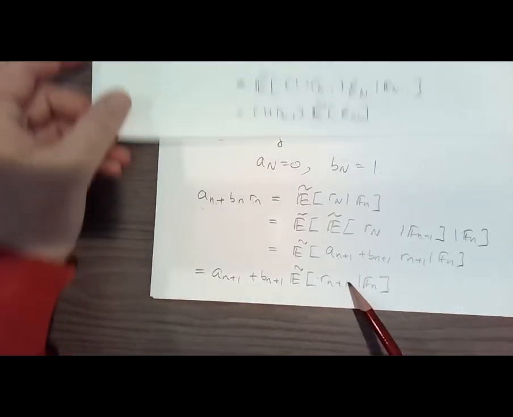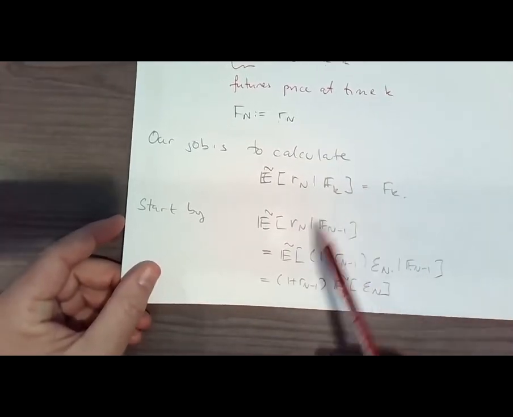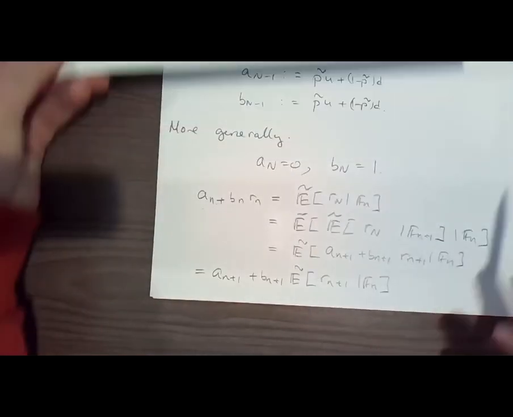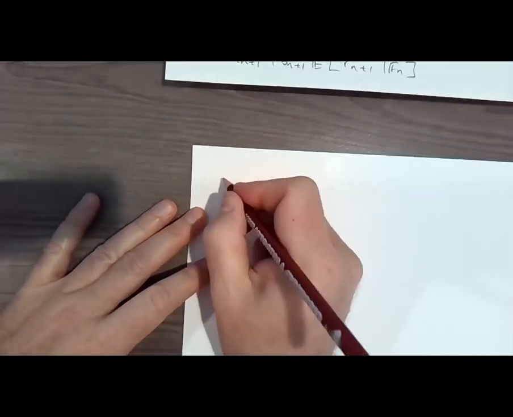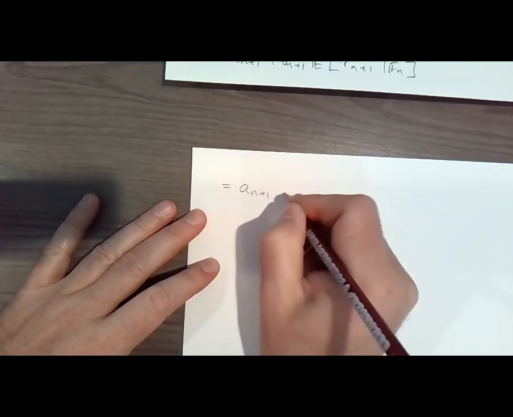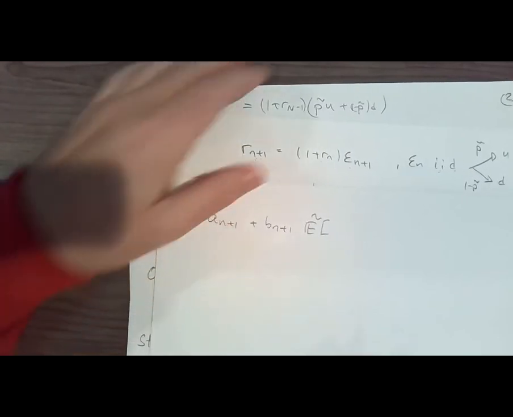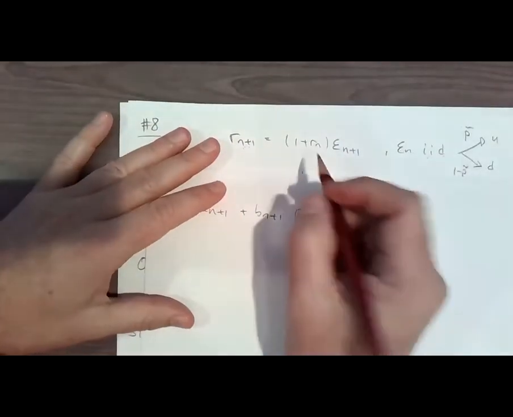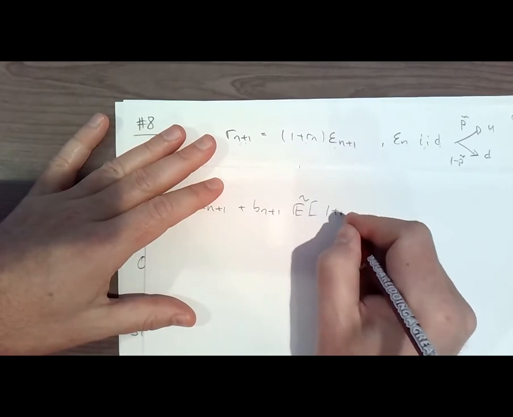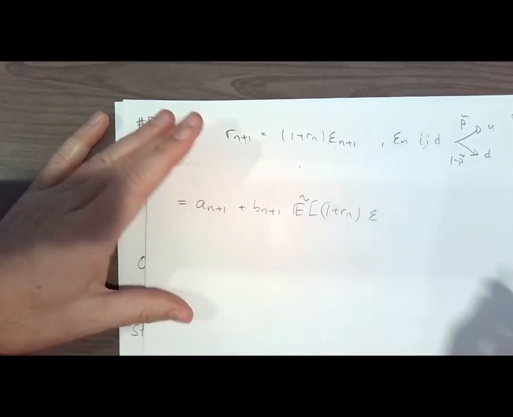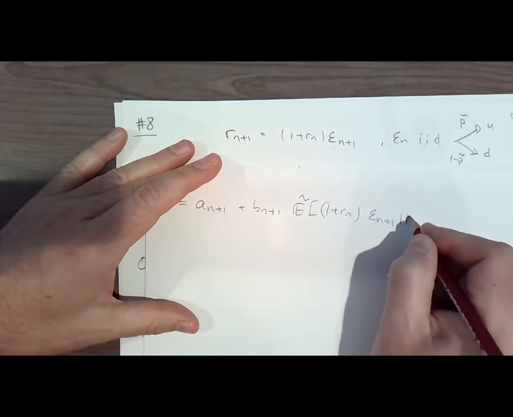This calculation is very similar to the one we just did for the warm-up, but let's do it one more time. We insert rn plus 1, which was given in the problem. So we insert what this is: 1 plus rn epsilon n plus 1, given fn.